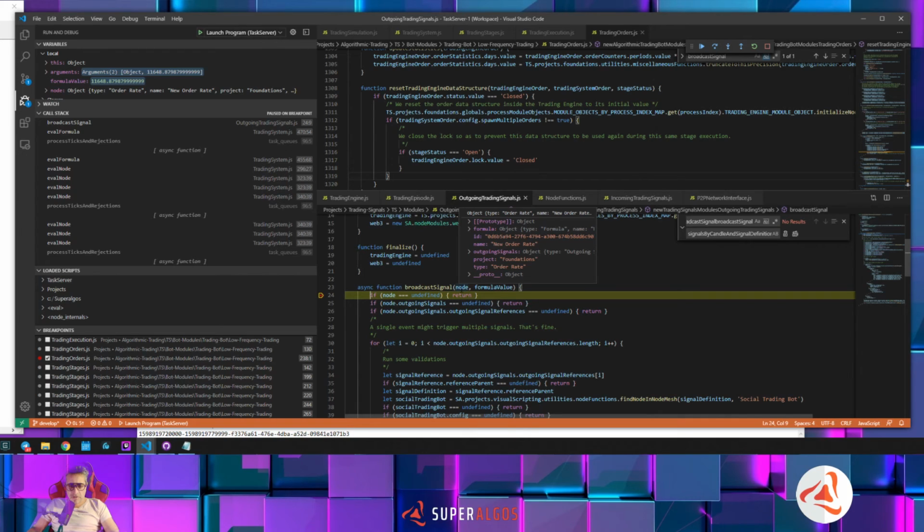Or it's getting the formulas of all order rates, apparently for each order.